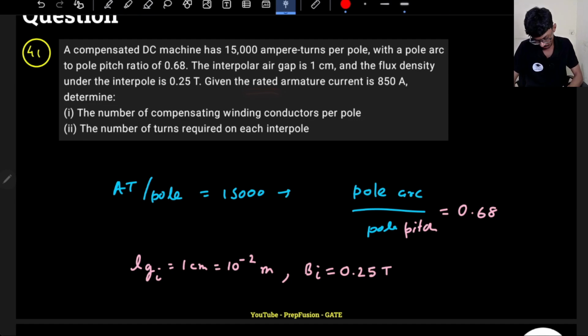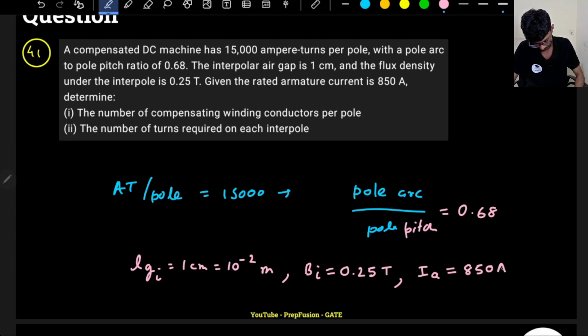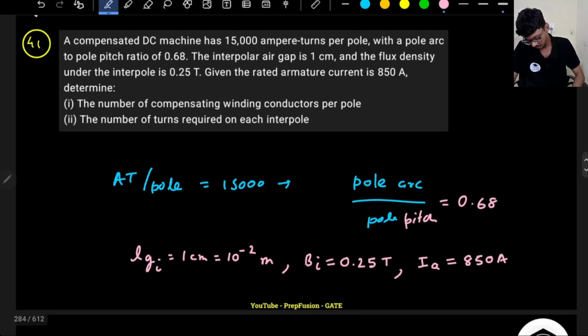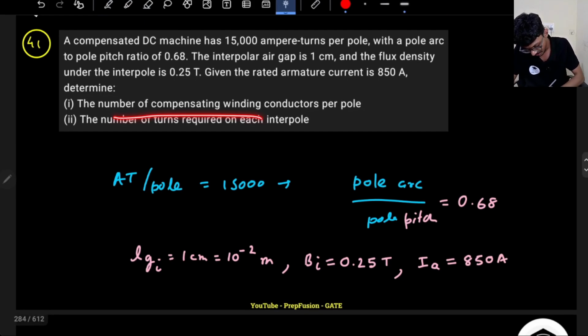Given the rated armature current Ia is 850 amperes. Determine the number of compensating winding conductors per pole.